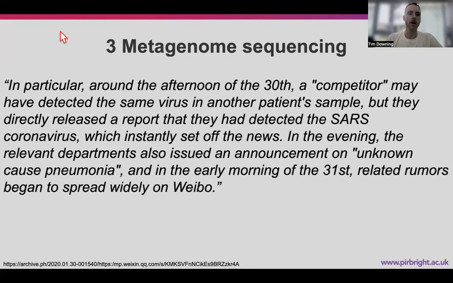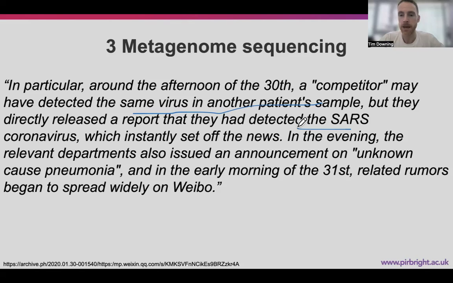And what was useful here is that on the 30th of December, a competitor, that's the term used in the translation, detected the same virus in another patient's sample. And they found that this sample was also distantly related to a SARS coronavirus.